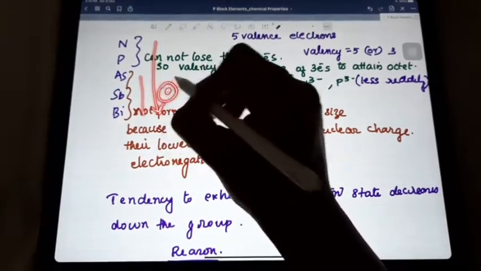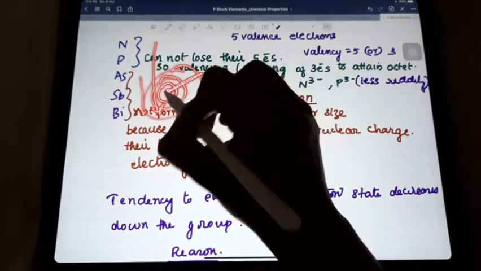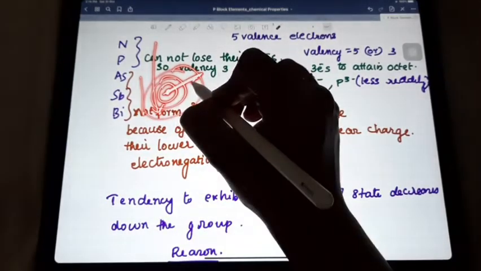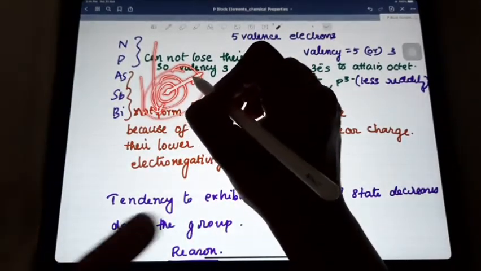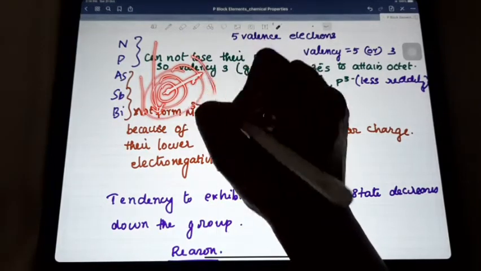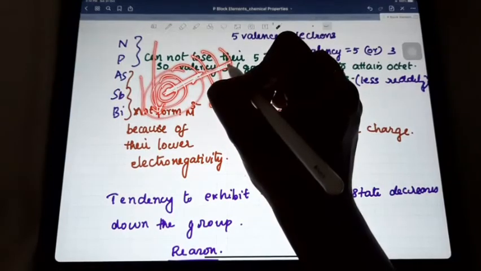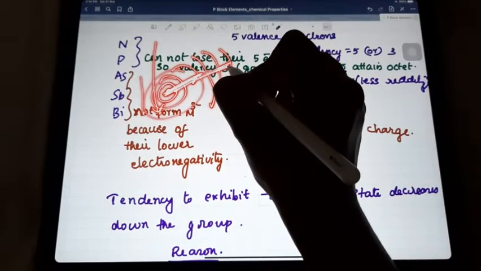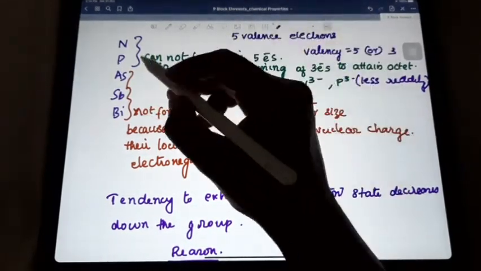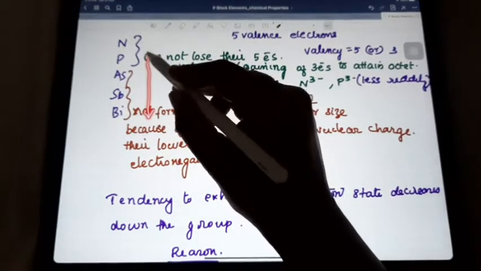Electronegativity means the tendency to attract electrons towards itself. It is not possible so easily because the electrons are farther away. That's why there is not so much attraction between the nucleus and the last shell electrons, so electronegativity decreases. That is one of the reasons.